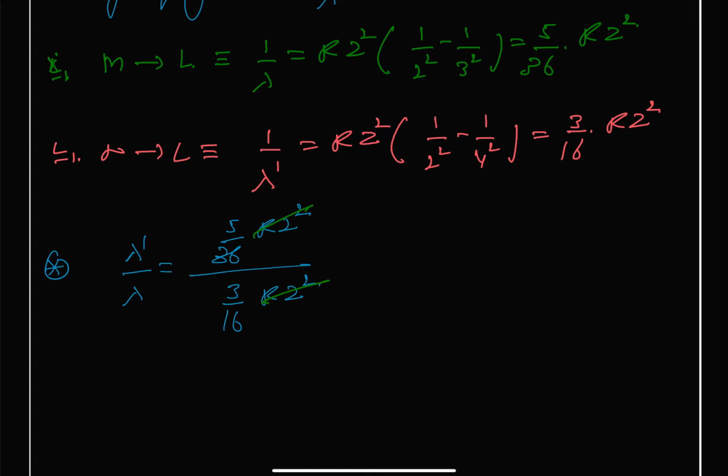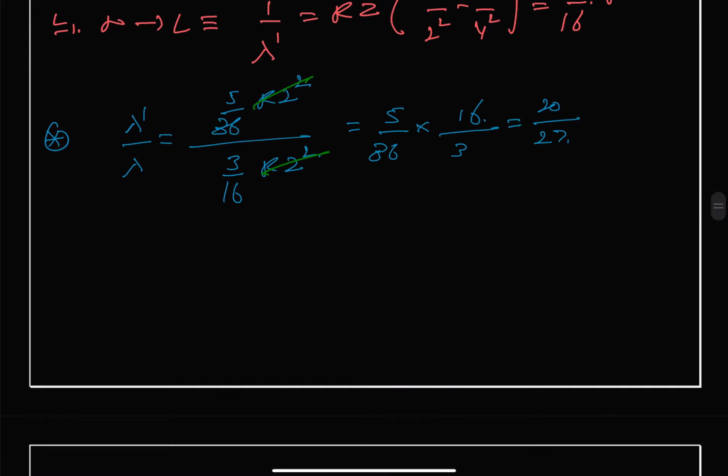R Z square cancels out, and this gives us 5 by 36 multiplied by 3 by 16, which comes as 20 upon 27.